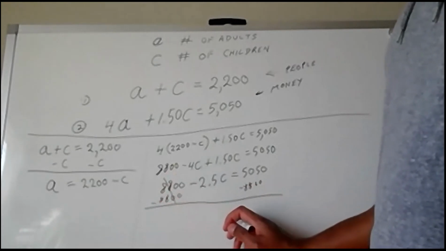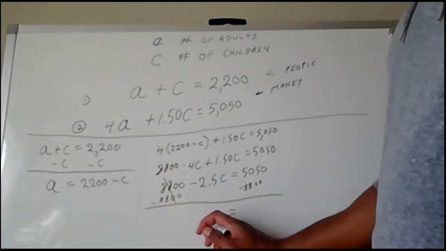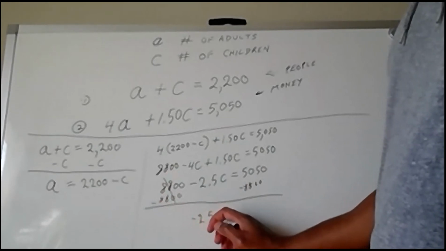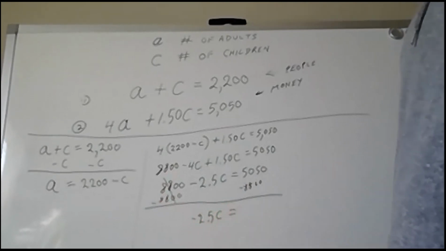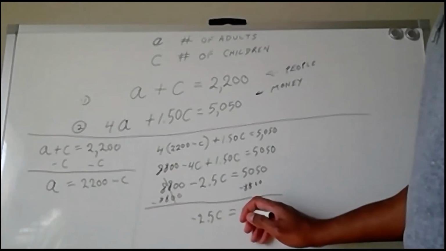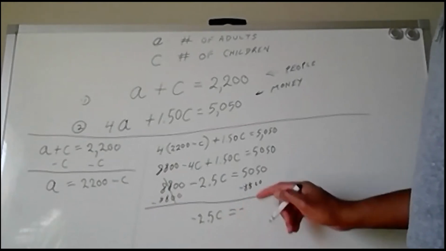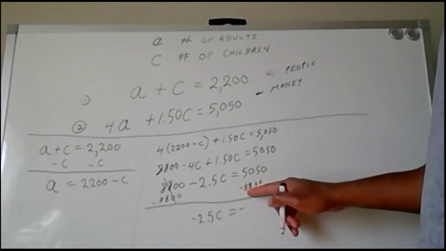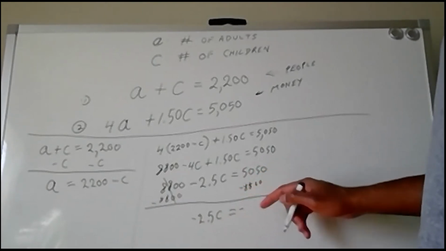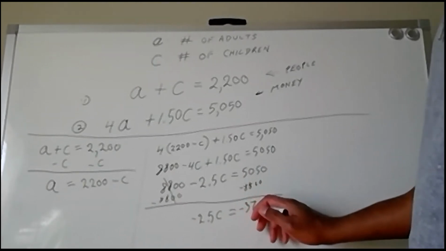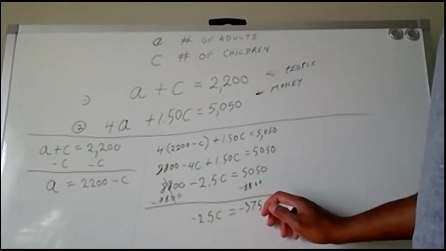On the left side of this equation, I'm left with negative 2.5C. And on the right side, put this in your calculator, 5050 minus 8800, you should get negative 3750.